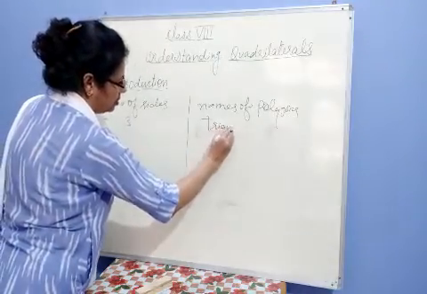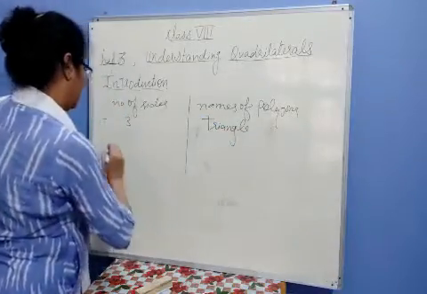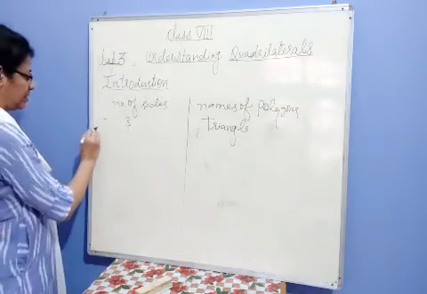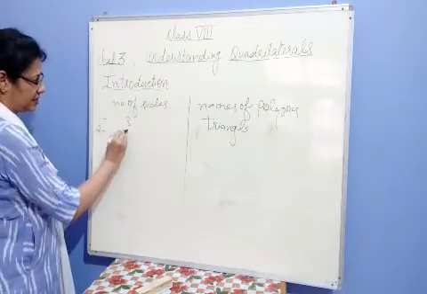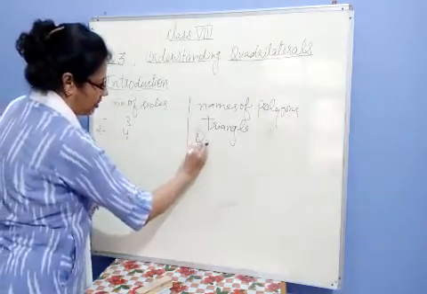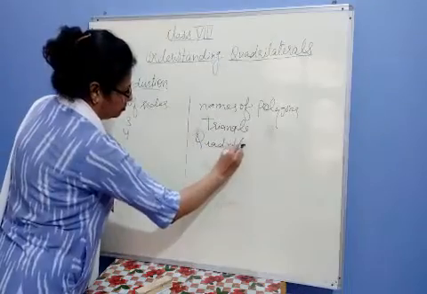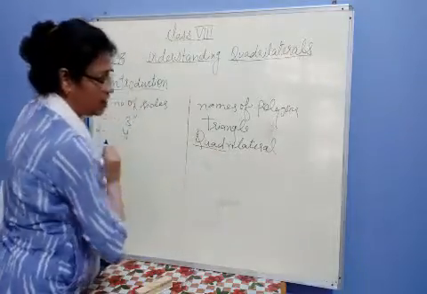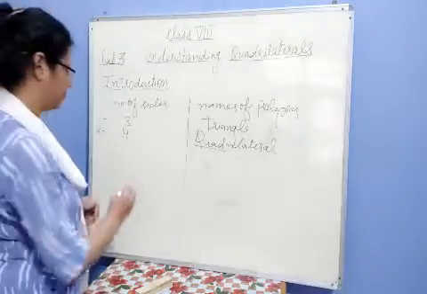Everybody knows this. Now the second is, if the number of sides is 4, it is called a quadrilateral. In the word quadrilateral, quad also shows 4.